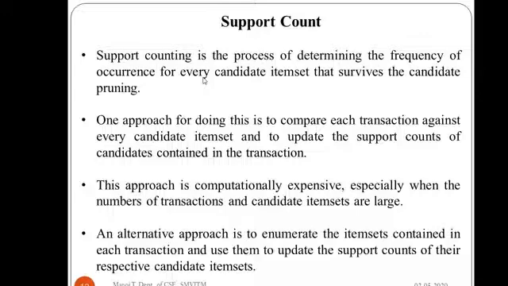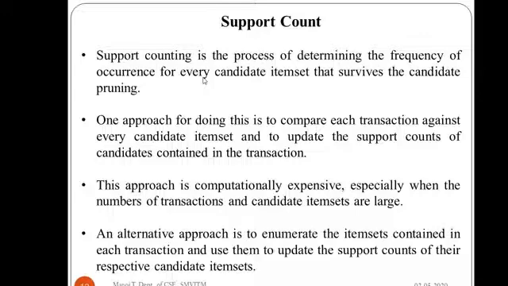For that purpose we need a particular procedure for doing the support counting. One very trivial approach is just to compare each transaction against every candidate item set and update the support counts of candidates contained in the transaction.